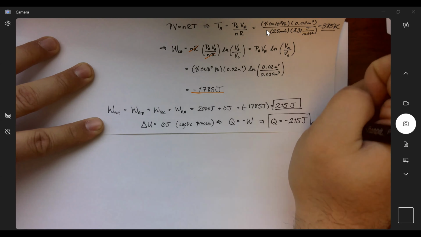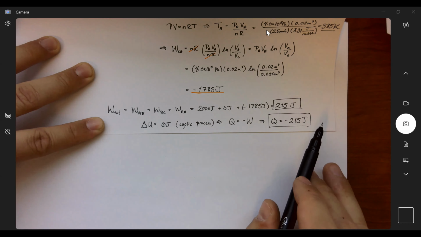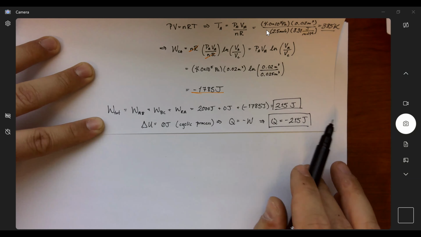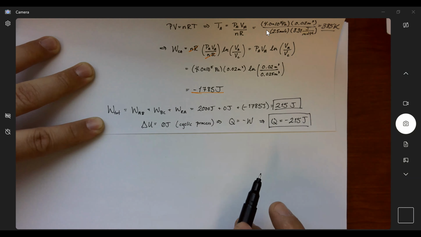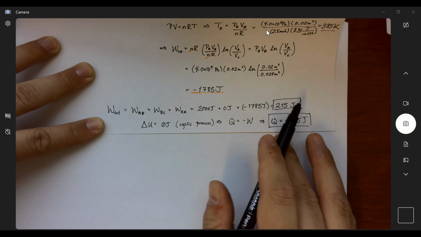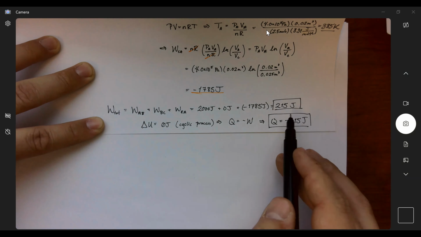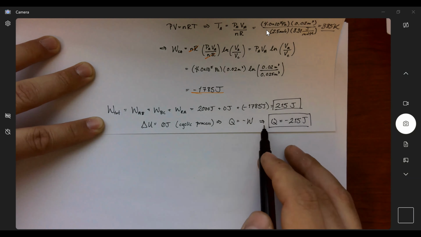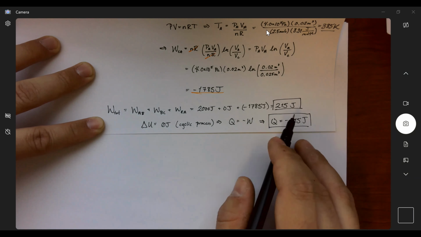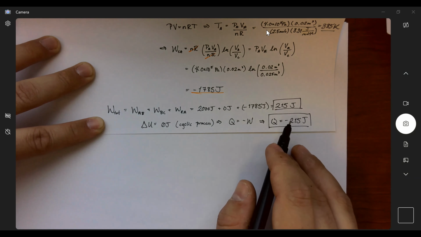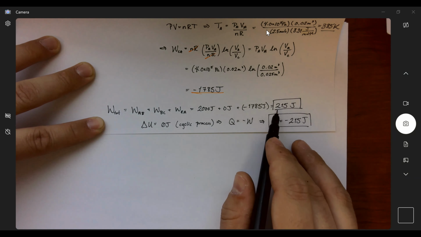So heat has to be added into this system in order for the process to occur. Now note that this is the net heat and not the heat from the hot reservoir. All right, it's just the temperature difference. This would be effectively heat that is converted into work itself.